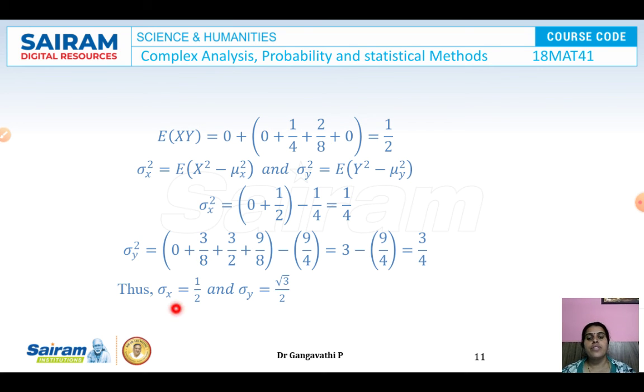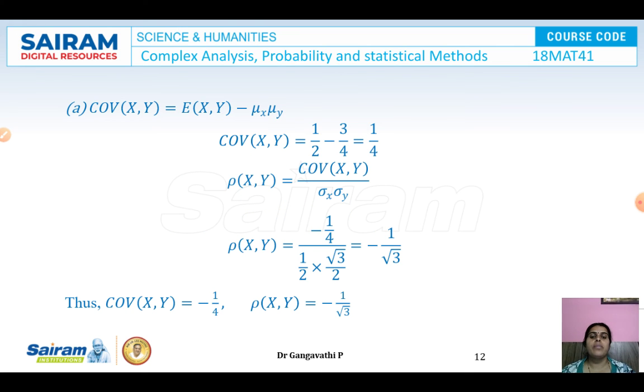So therefore, sigma x happens to be 1 by 2 and sigma y is root 3 by 2. And then covariance of x and y is to be evaluated, which is e of xy minus mu x mu y. So covariance of xy is equal to e of xy, which we have evaluated as 1 by 2, minus mu x into mu y, substitution, we get it as 3 by 4. So covariance of x and y is equal to 1 by 4.